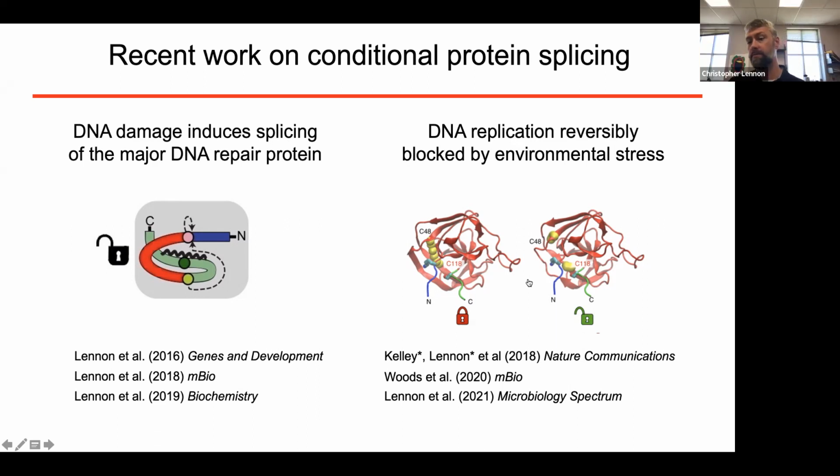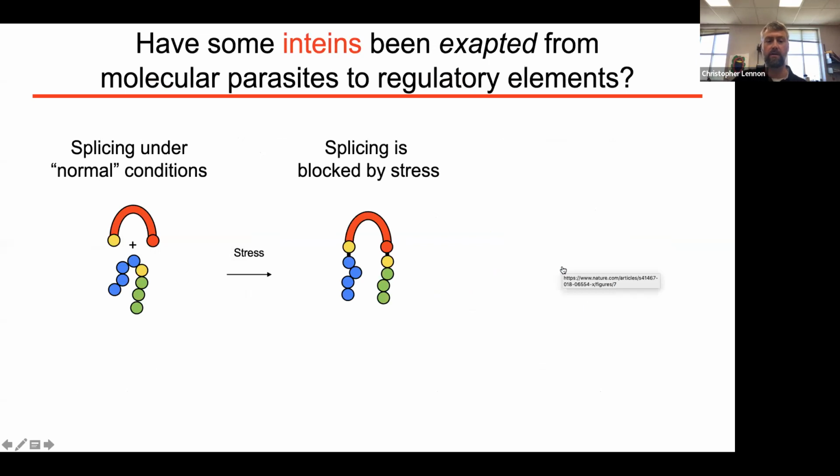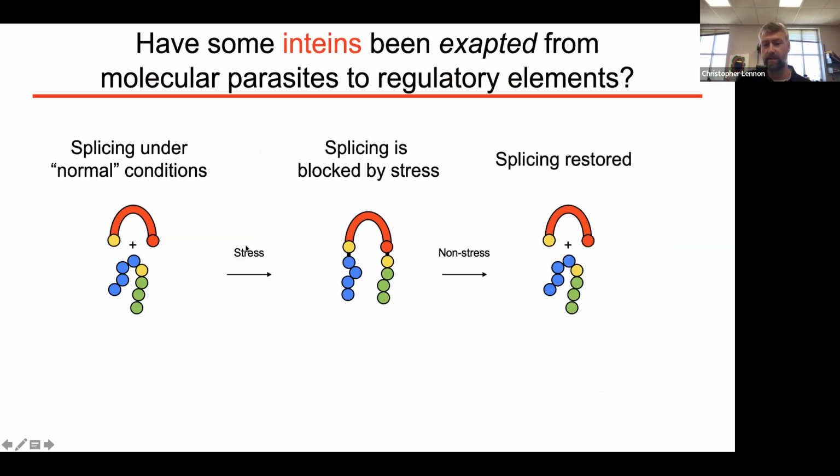Well, they're cutting themselves out of the proteins themselves. But one thing I didn't mention as well is that these things can have side reactions. You can have this productive splicing reaction where you ligate the exteins together and make the functional protein. But you can also have a cleavage event where one extein will go off, or a different cleavage event where the other extein will go off.